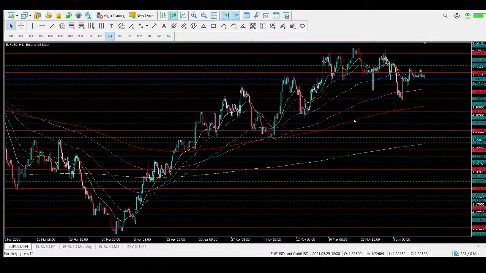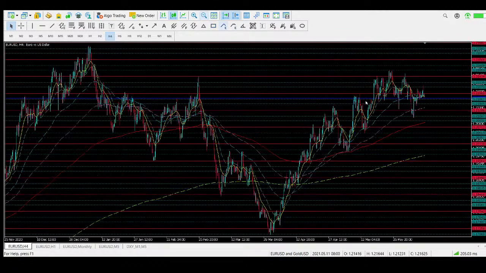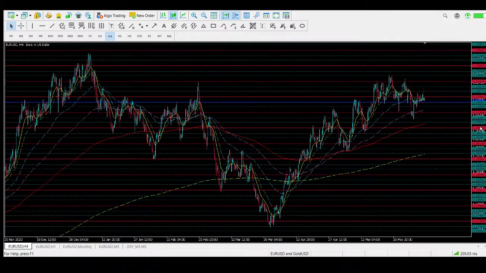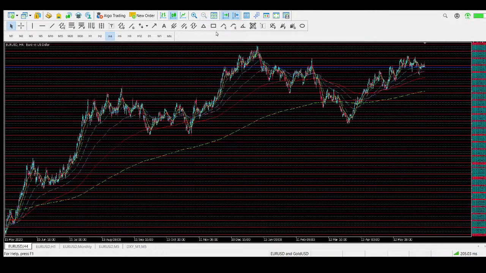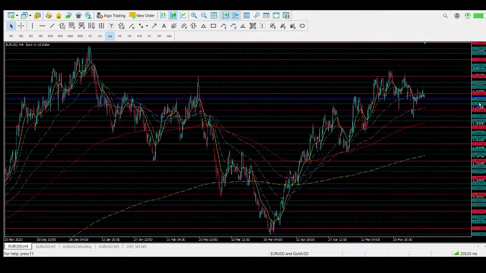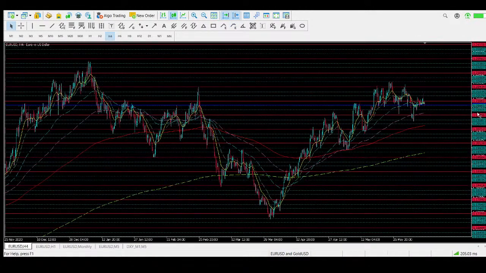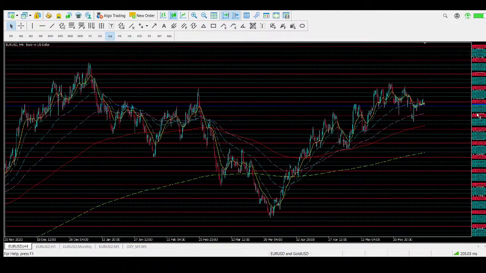Look at the 4-hour chart. Trend is still up. Major levels are highlighted in red.